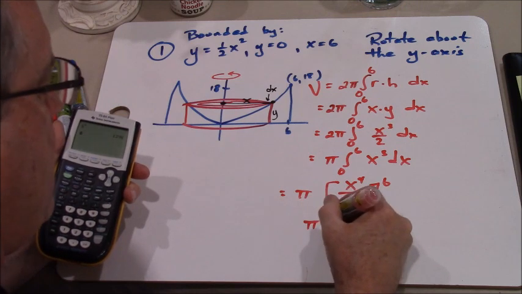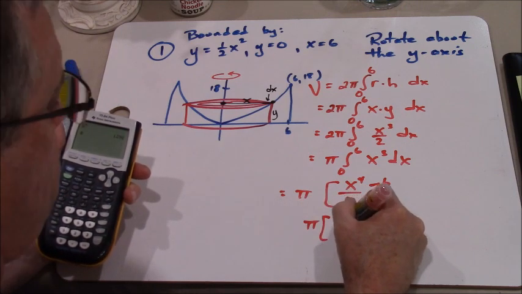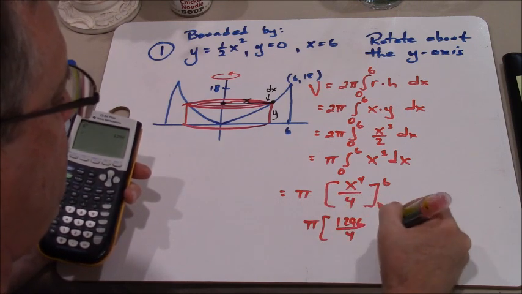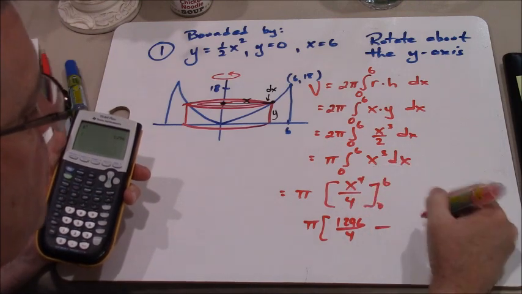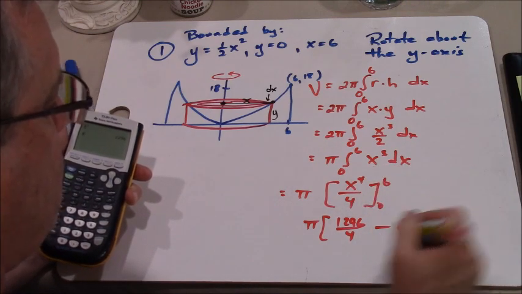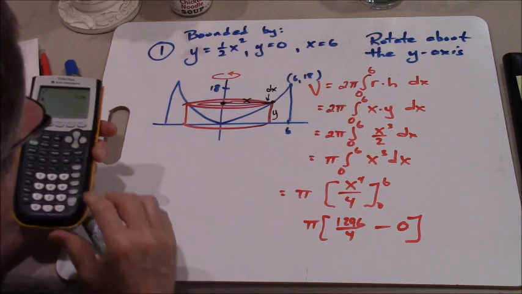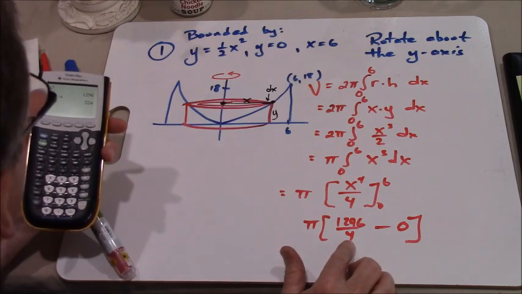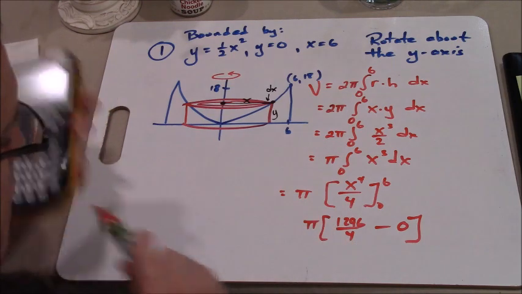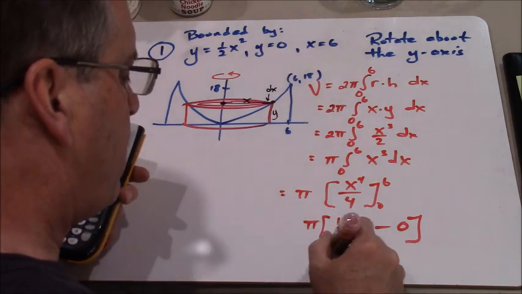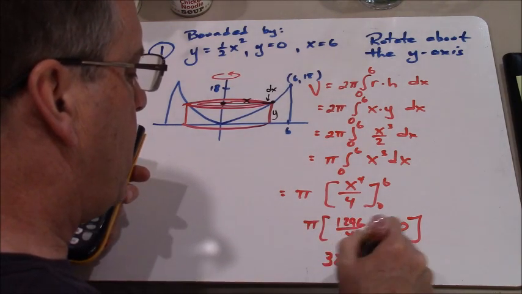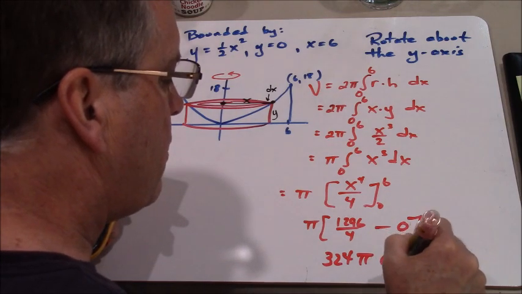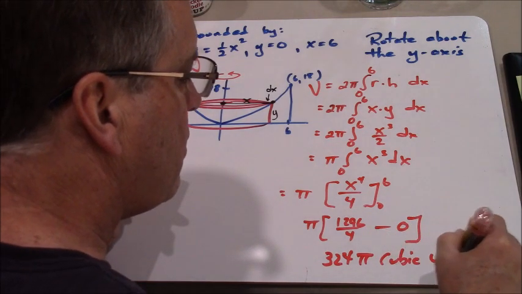So I got pi times 1,296 divided by 4, minus what I get when I plug a 0 in, which would just be 0. If I divide this by 4, I get 324. So my answer must be 324 pi cubic units.